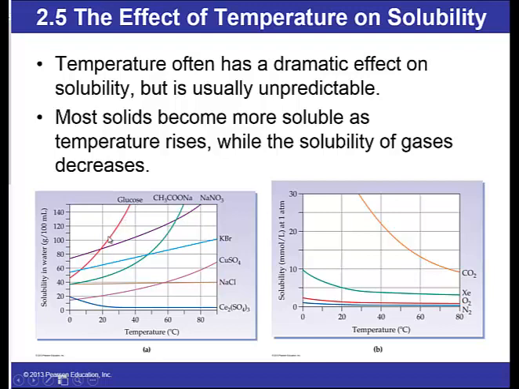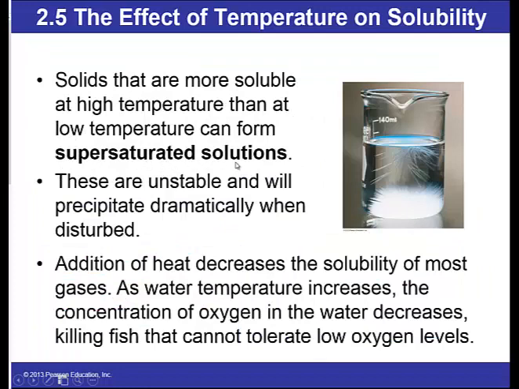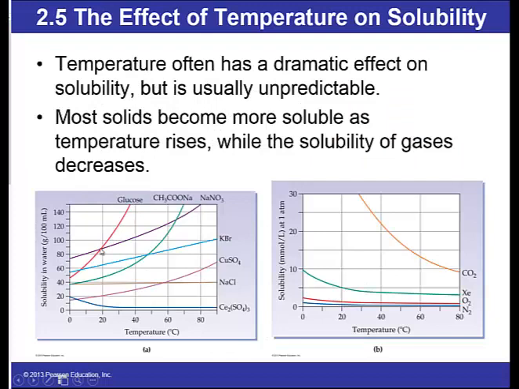If we then cool that solution back down to 20 degrees, we're going to have what's called a supersaturated solution. Much more glucose will be in that solution now at 20 degrees than there should be possible at 20 degrees. Almost double the amount of glucose would go in.